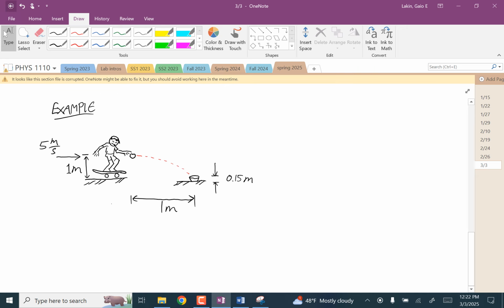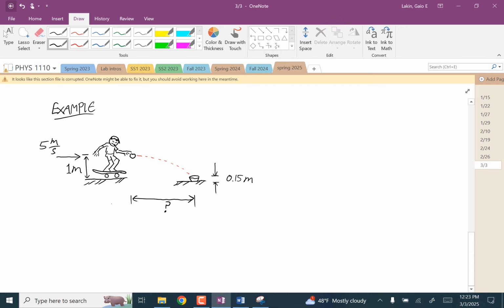Okay, so once you figure this out, you can put some tape on the floor, you can skateboard across, let go of the ball when you hit the tape, and it'll go in the cup, and you can win money off your stupid friends. This is not 1 meter. I was saying something as I was thinking about something else.